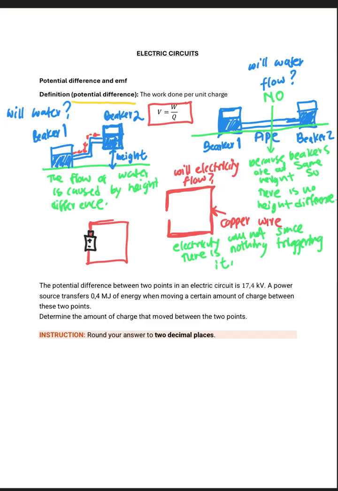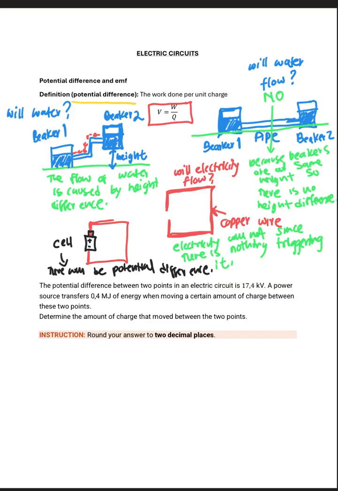So when we bring the cell, the cell is going to create a potential difference. There will be a potential difference because now there is a cell.